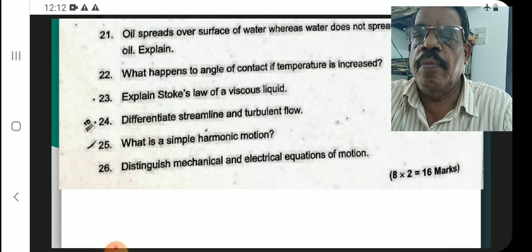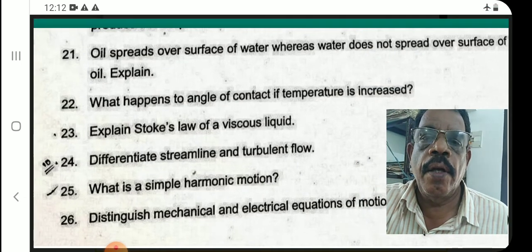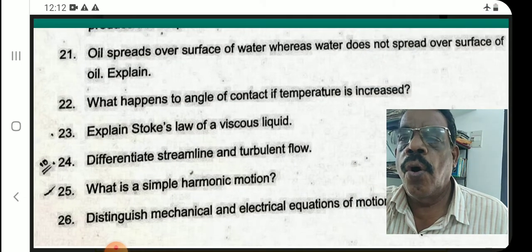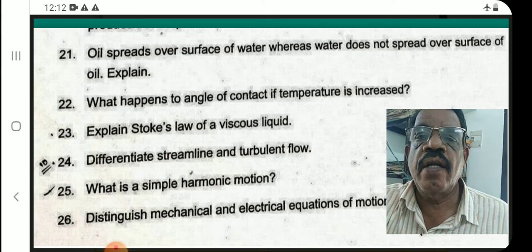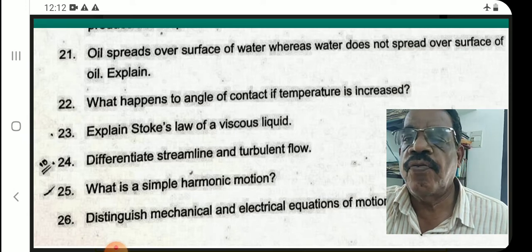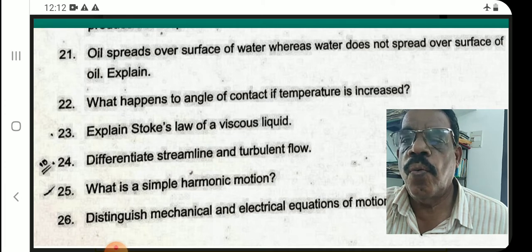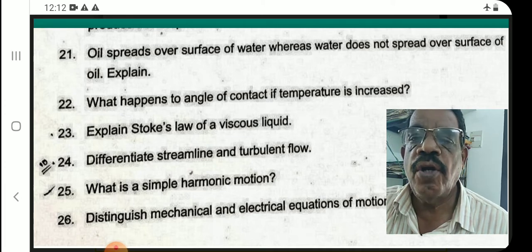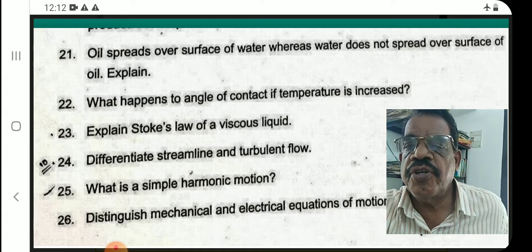Next question, number 21. Oil spreads over surface of water, whereas water does not spread over surface of oil, explain. Number 22, what happens to angle of contact if temperature is increased?